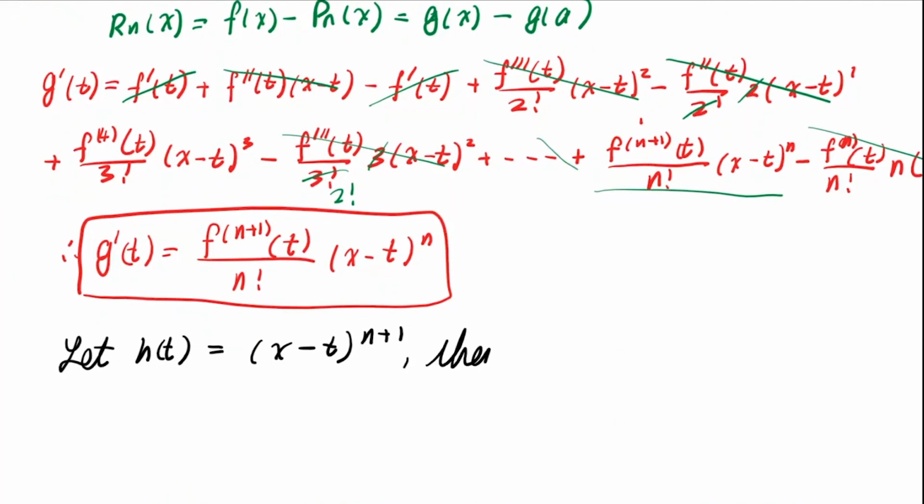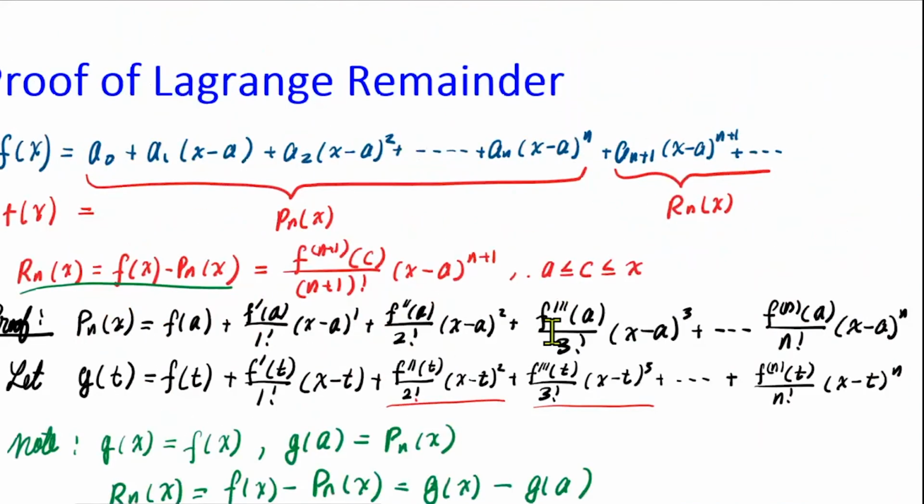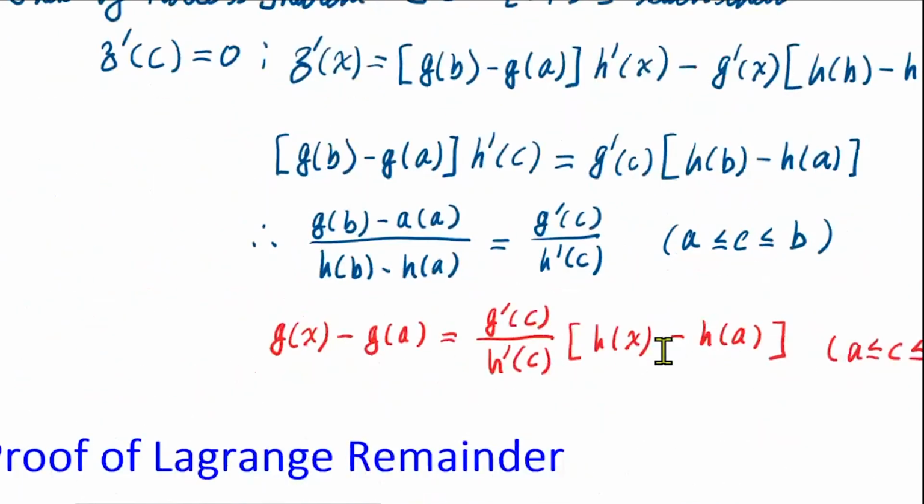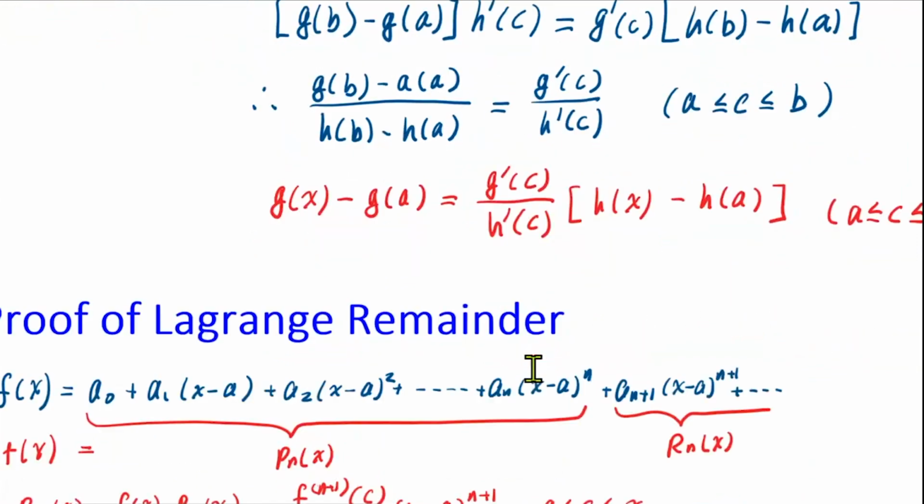Now, let's see what h prime is. Because h, why does h ring a bell? That h right there, you get it? That's the h. And so I'm going to need h prime.